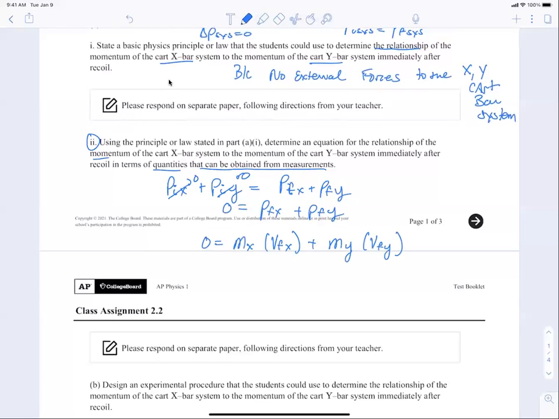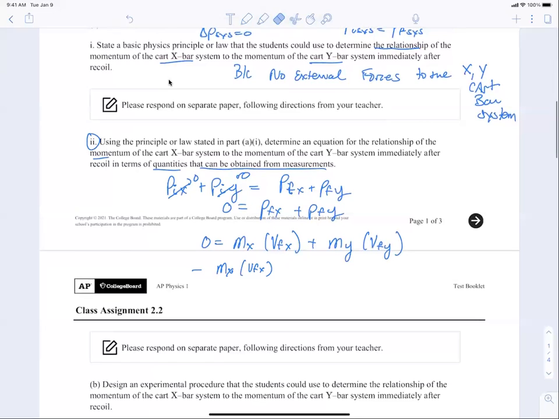I can measure all of those. I can leave it just as it is, or I can move them to one side or the other. Oops, equals. Okay, that will get you full credit.